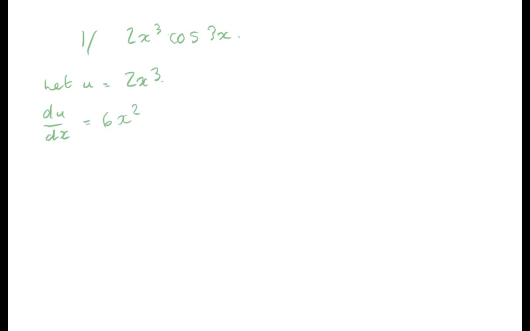And then we'd let v equal cos 3x. So dv by dx is equal to minus 3 sine 3x. And then we just place all of those in the formula.